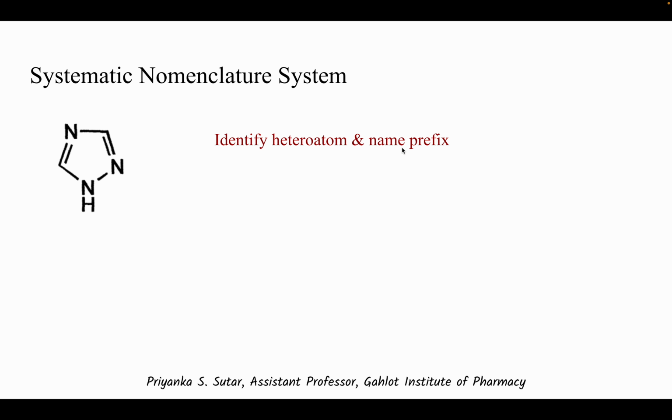Identify the heteroatom and name the prefix. Refer table number 1 for the prefix. What is the heteroatom? Heteroatom is nitrogen. So according to table number 1, what is the prefix? It is aza. Okay, it is aza.